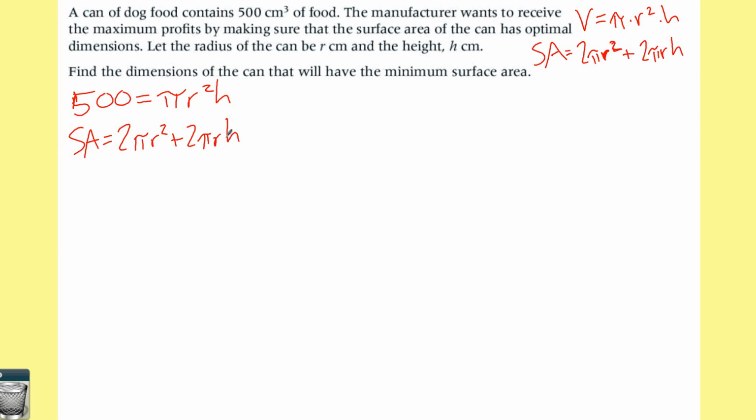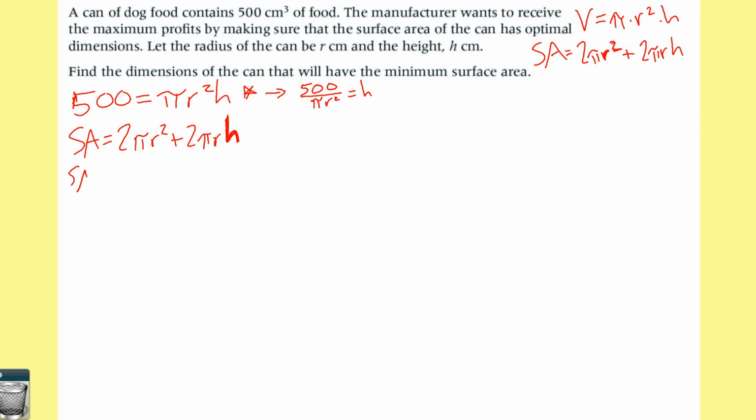I can get rid of the h because of this formula. I can rewrite that as 500 divided by pi r squared equals h. Let me take that and replace the h right here.